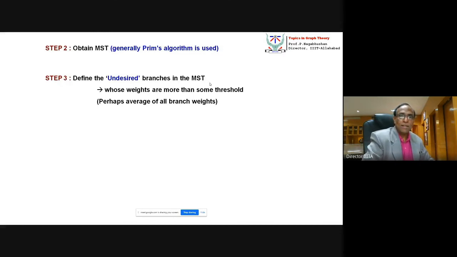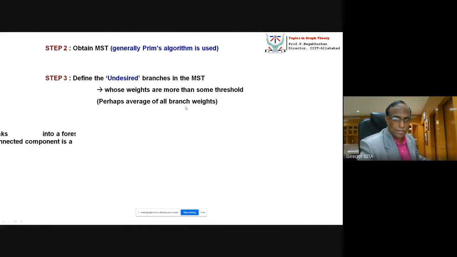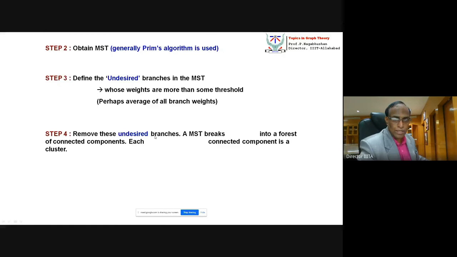So Zahn's algorithm produces the internal classes by first constructing an adjacency matrix, then constructing a spanning tree, and then removing the undesired edges. You have to define the undesired branches, remove them, and then you will get the classes, the clusters. The MST breaks into a forest of connected components.